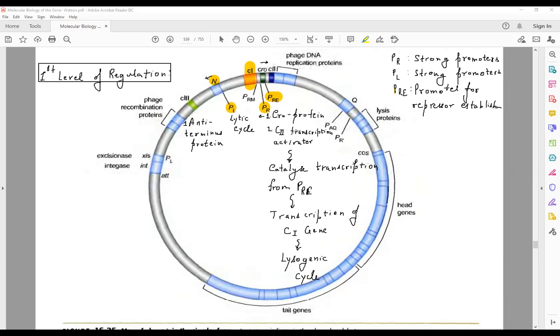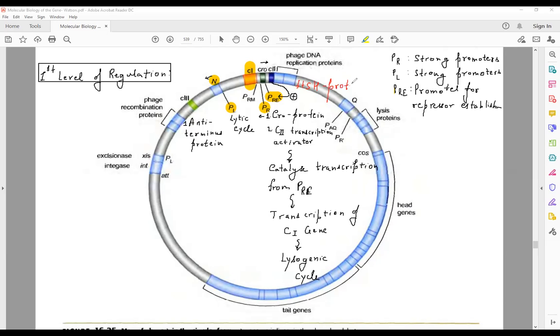So what is CII transcription activator going to do? It will be produced and will start the transcription from PRE. But this CII transcription activator is also regulated by another protein, the host bacterial HflB gene product, the host FtsH protein.